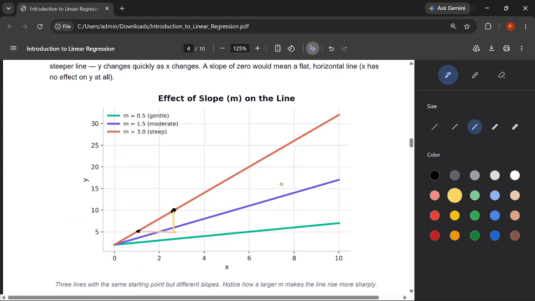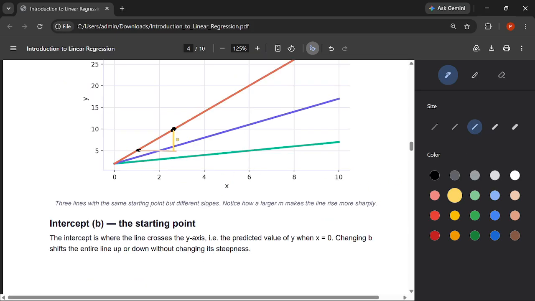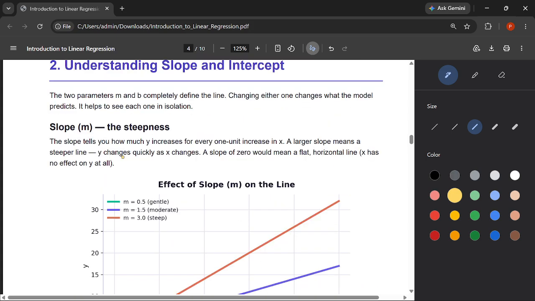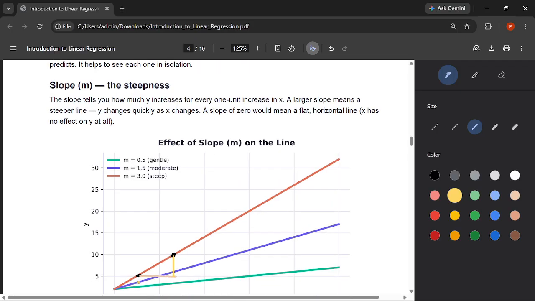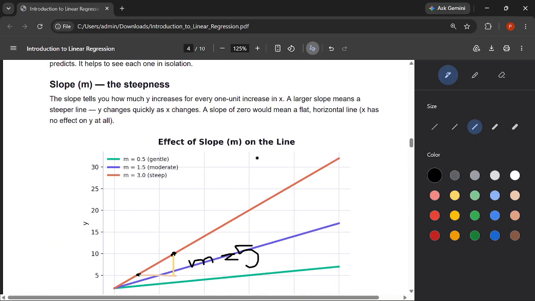Okay, I think you have got this. This much change happened in our y variable. Y increases from 5 to 10. So we can say here our m value is 5. Yeah, we got our m value here.